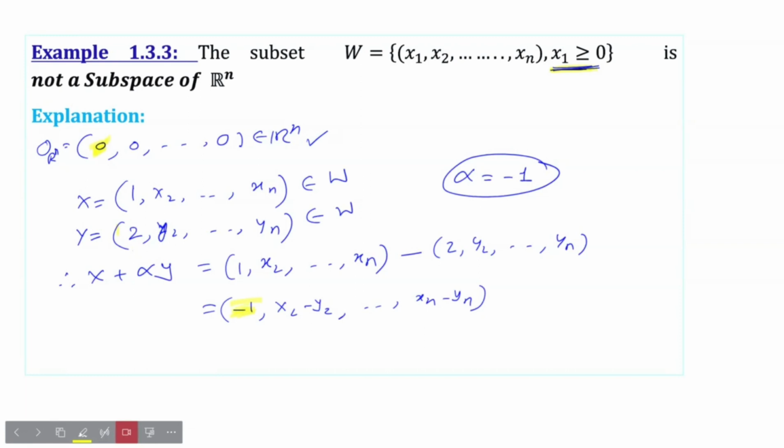Whatever x2 minus y2, x3 minus y3 are, we don't bother, but the first entry is -1, which is negative, so it does not belong to W, as the condition of W is that the first entry should be non-negative. Therefore W is not a subspace of Rn.